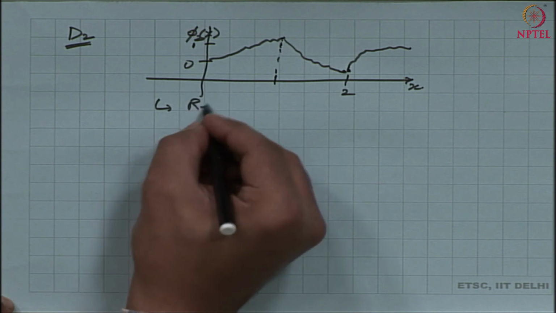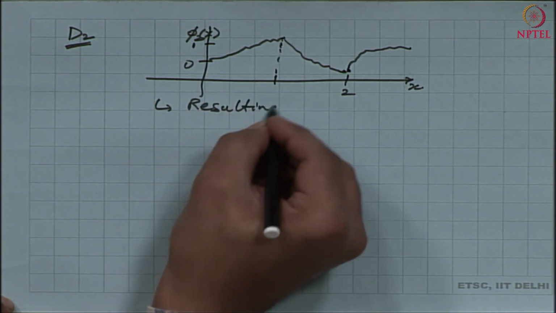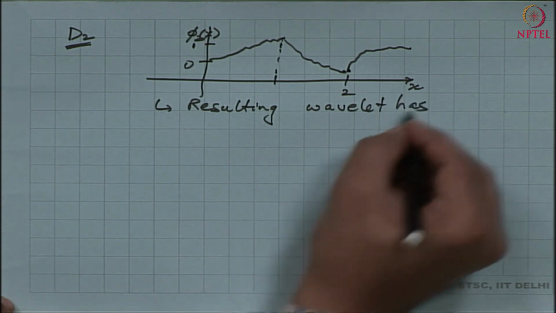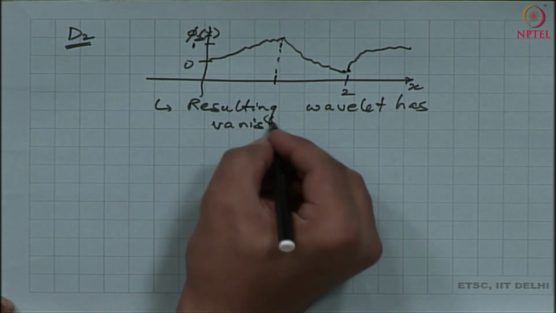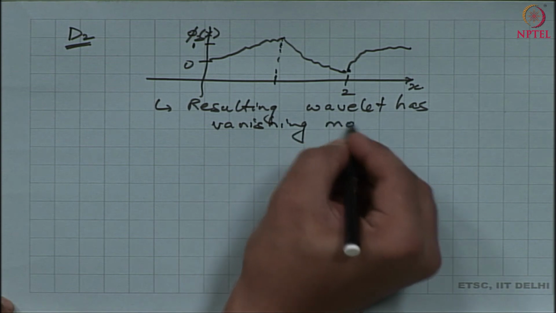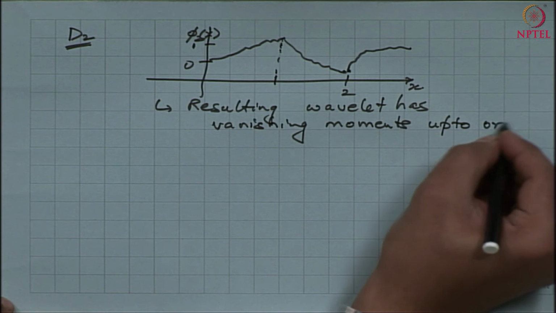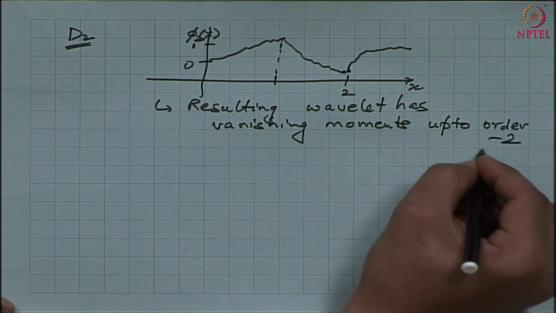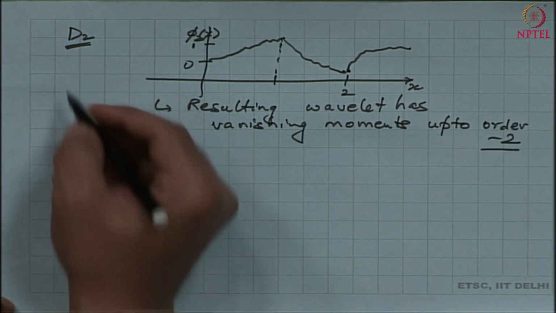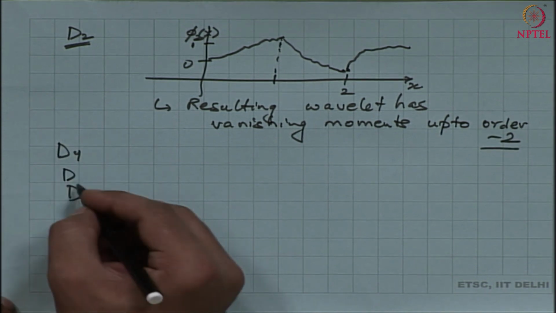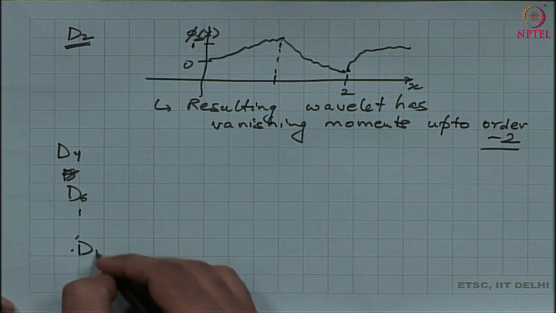I see that the resulting wavelet has vanishing moments up to order 2. So, that is my D2, and then we can similarly construct D4, D6 or any Dn and so on.